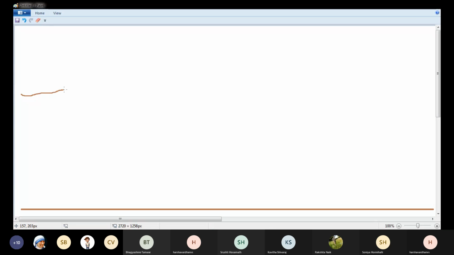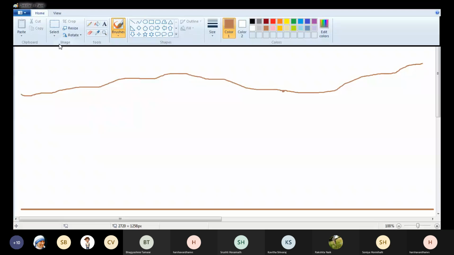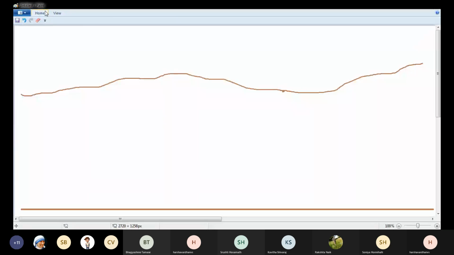Next, we have this ground profile. I told you about one more term called benchmark.